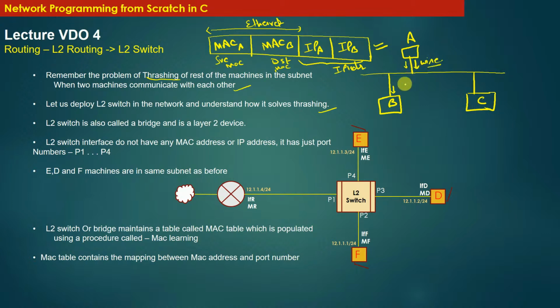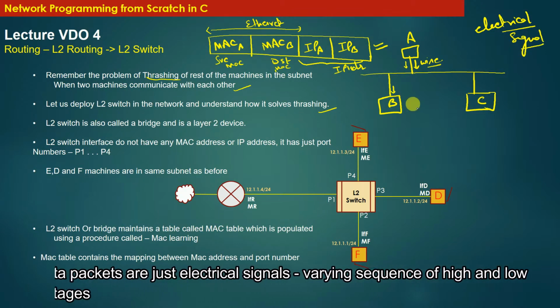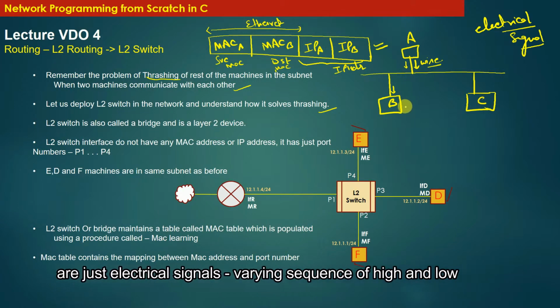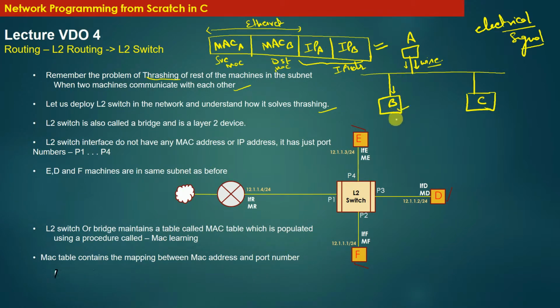Now when the packet is placed on the wire, it means machine A is generating electrical signals. Remember, a packet is nothing but an electrical signal, that is, 1s and 0s as varying voltages. So when the packet is placed on the wire, it will be received by all the machines connected to the wire. So machine B and machine C are going to receive the packet.